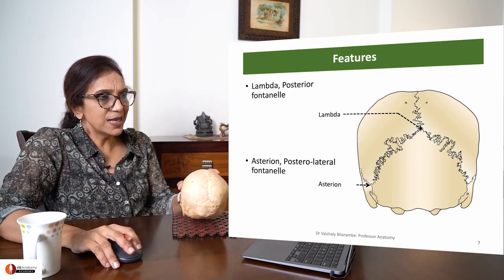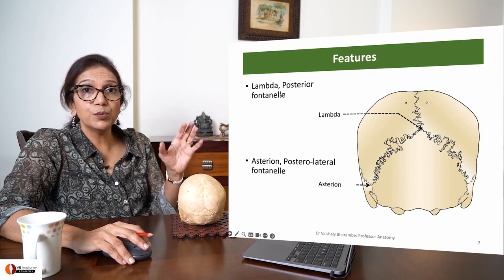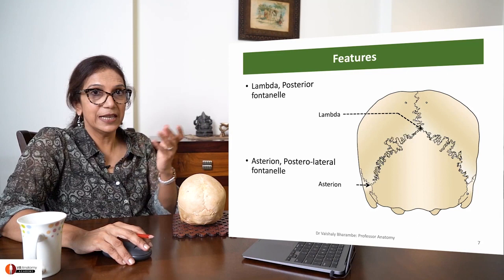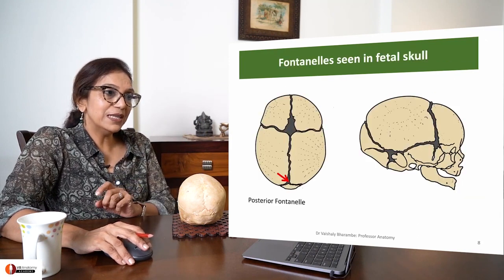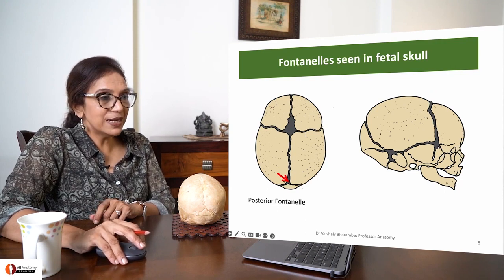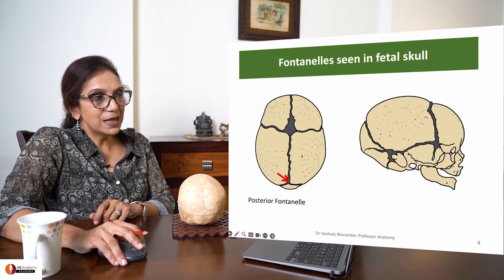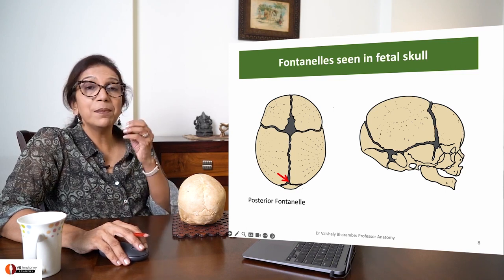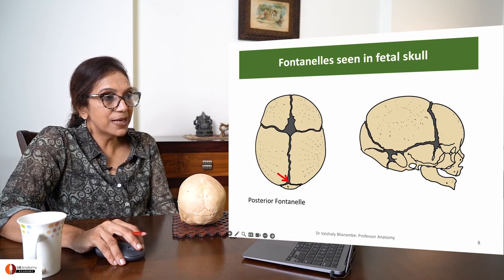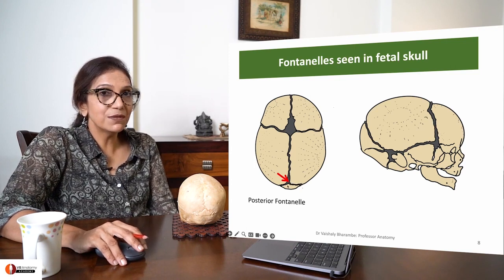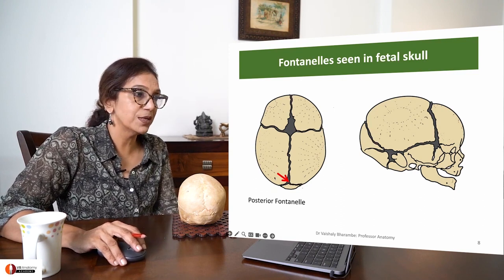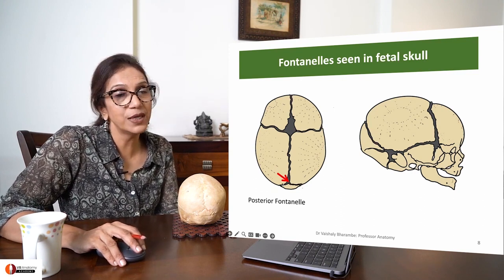Okay. So I seem to have written some additional letters here. Posterior fontanelle, posterolateral fontanelle. What is all this? Let's take a look. So here you're seeing the developing fetus. This is a fetal skull. Okay. So you're seeing that part of the skull is bony while part of it is membranous. It is still not ossified, right? So this small membranous bit that is not ossified posteriorly between the parietal bones and the occipital bones is called the posterior fontanelle.